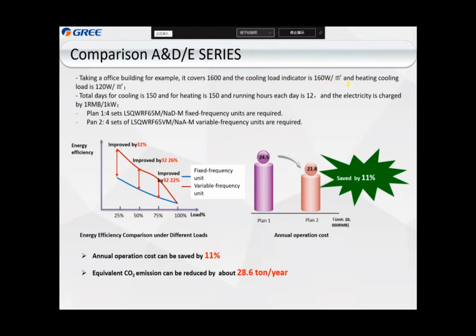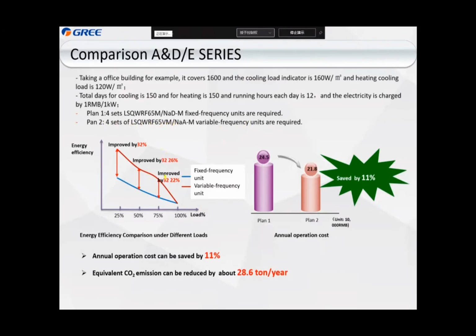Total days is 150 for heating and 150 for cooling. Running hours each day is 12. Under this condition, plan 1 uses 4 units of fixed frequency, and plan 2 uses 4 units of inverter frequency.